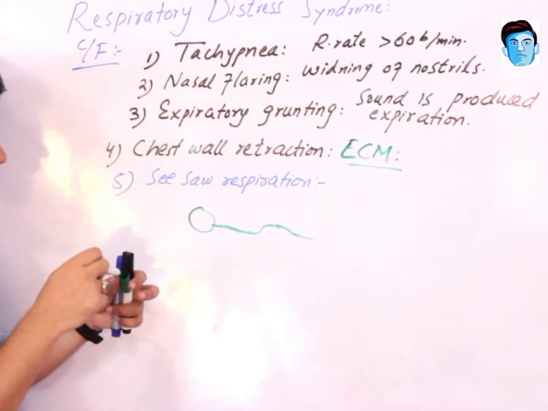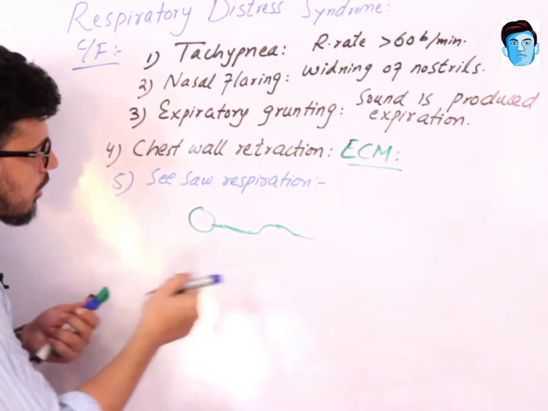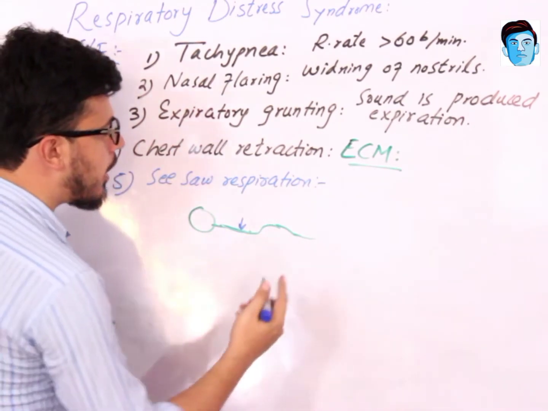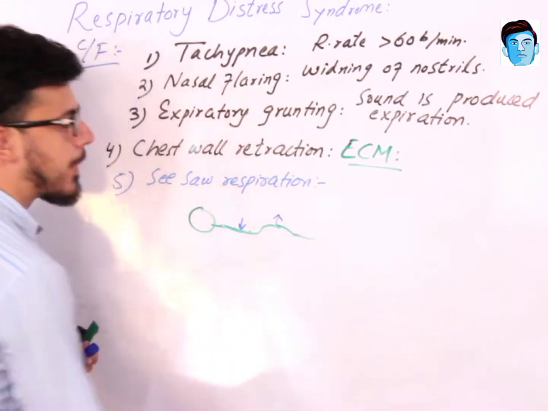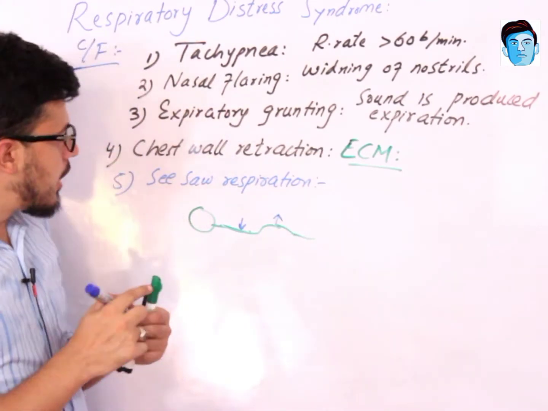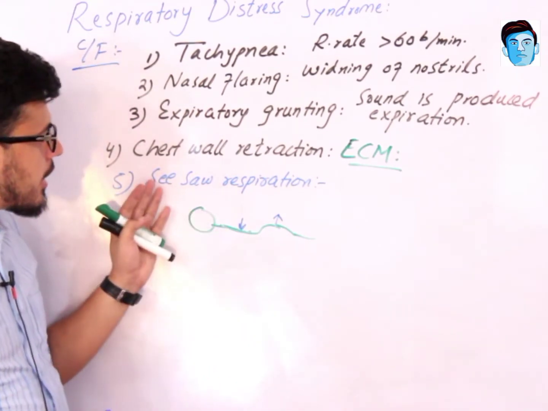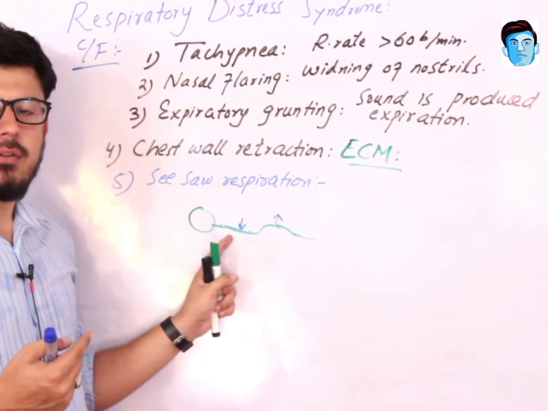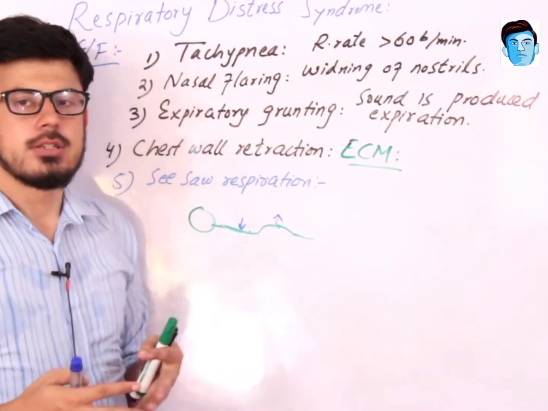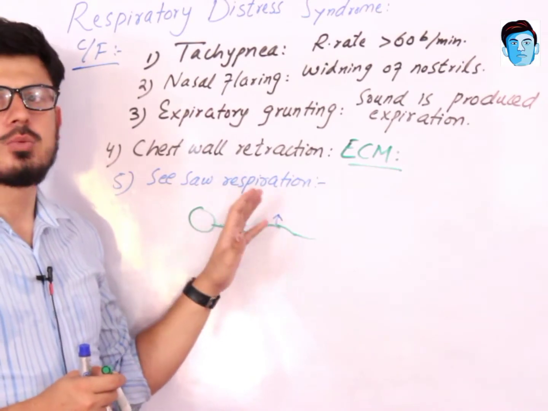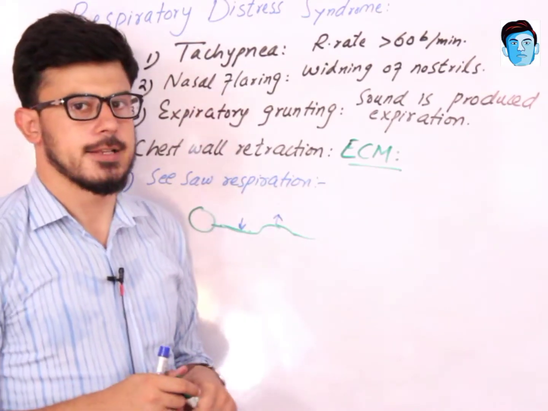In this disease, the chest of the patient draws inward, while the abdomen rises upward. But normally the chest and the abdomen rise simultaneously. In seesaw respiration, the chest will be drawing inward while the abdomen is moving outside. So that is called seesaw respiration. It is one of the most important signs of RDS.